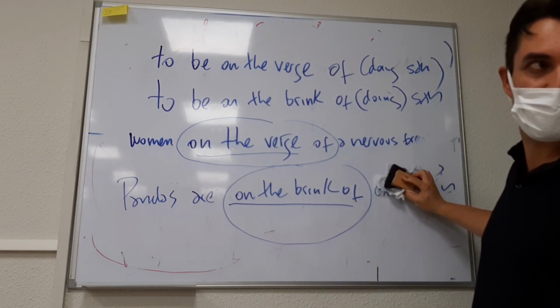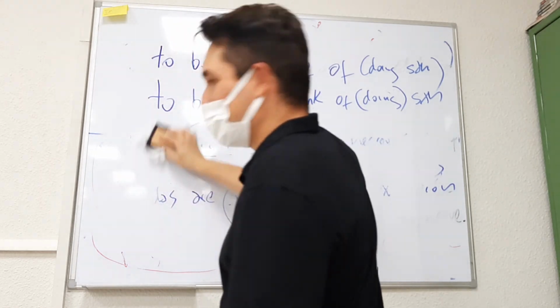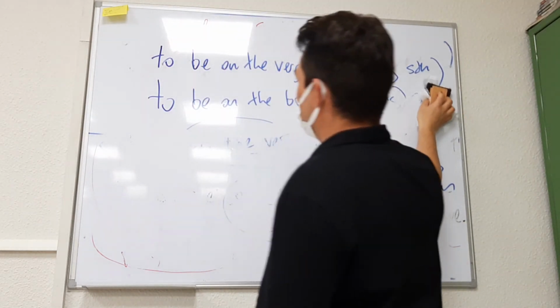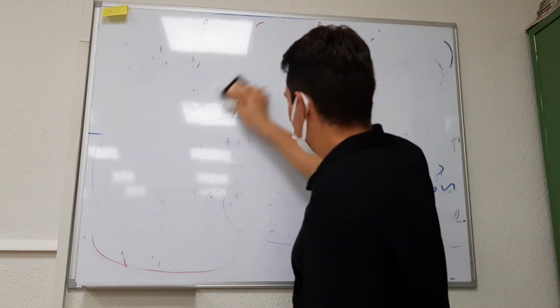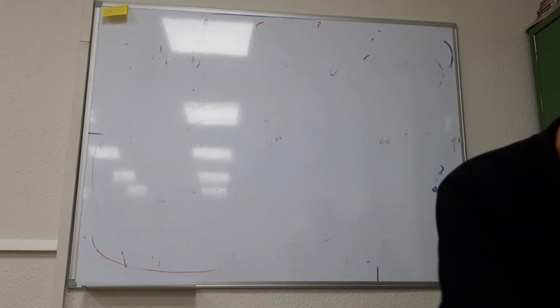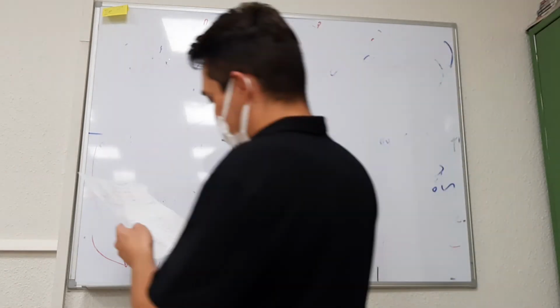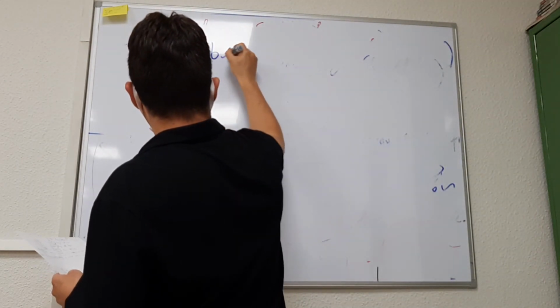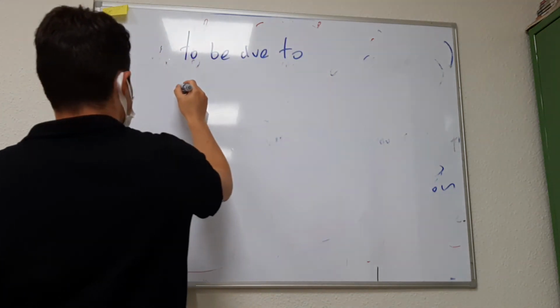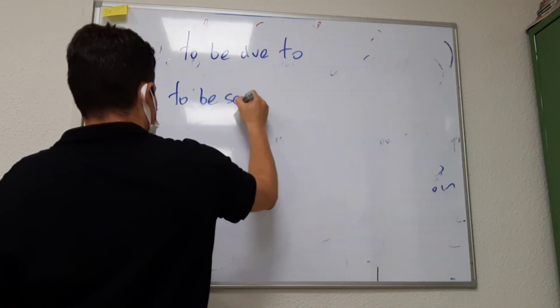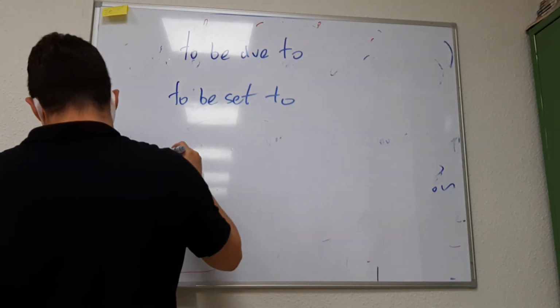So far so good? And then the last expression, I promise, this one is the last. To be on the verge, to be on the brink. And then the last expression that I want you to learn for today is to be due to, to be set to. It's a triple one. And to be about to.